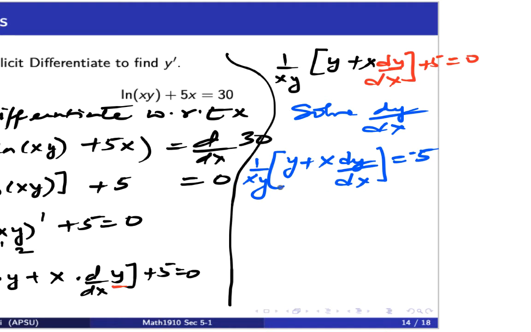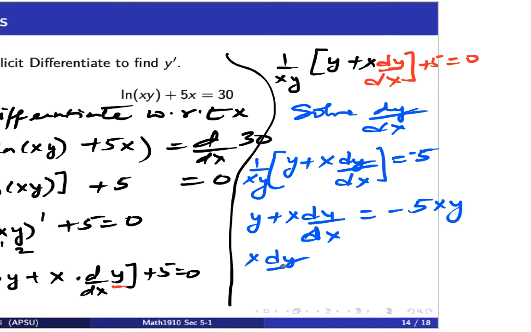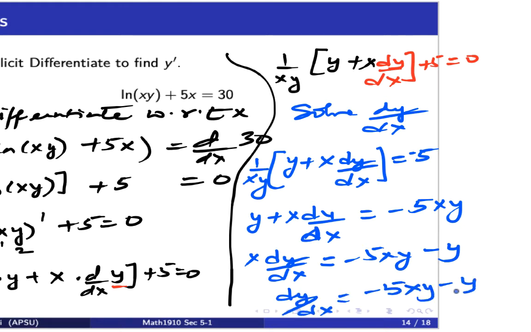Then you multiply by xy, you get y plus x times dy by dx equals minus 5xy. Then subtract y and divide, so x times dy by dx equals minus 5xy minus y, and dy by dx, the final answer, is minus 5xy minus y over x. You can just leave it like that.